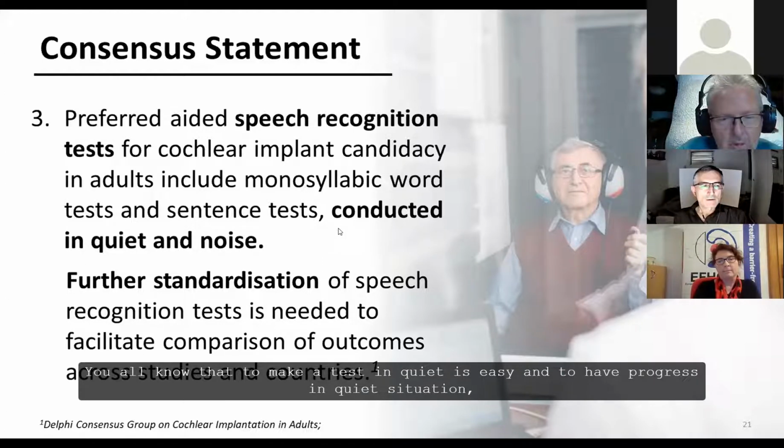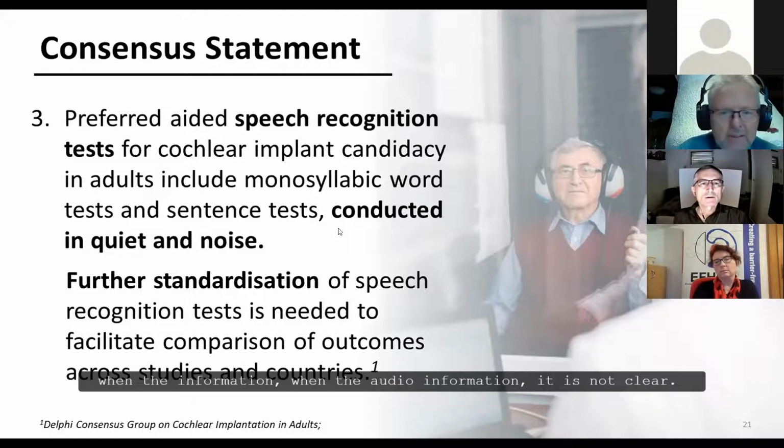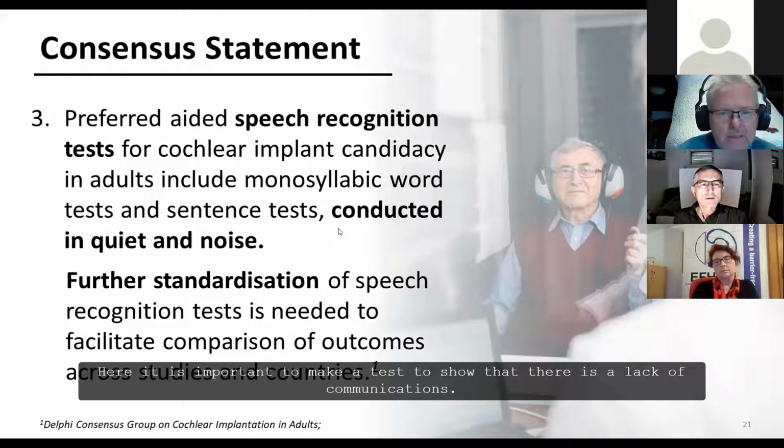You all know that making a test in quiet is easy, and progress in a quiet situation is not surprising, but the most problems arise in noisy environments, when the audiologist's information is not clear. And here it's important to make a test to show that there is a lack of communication skills.